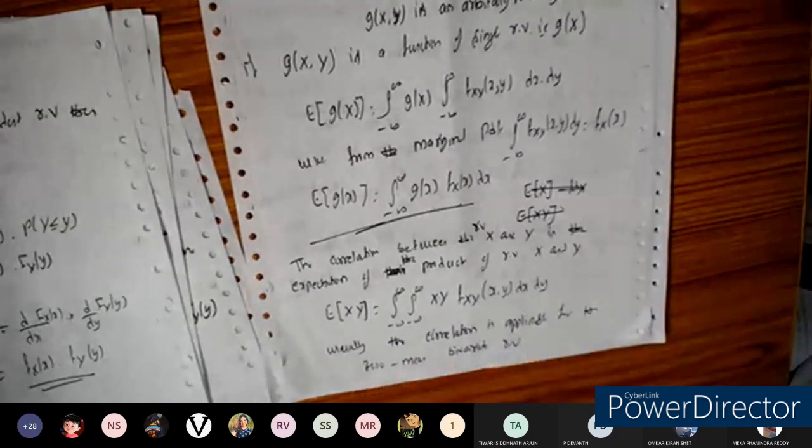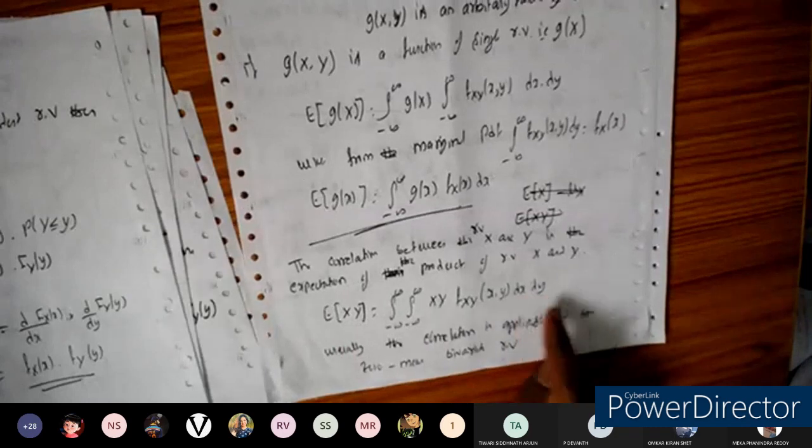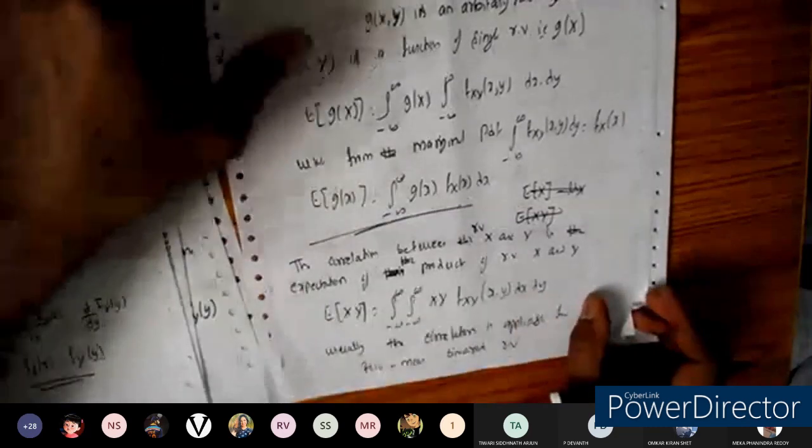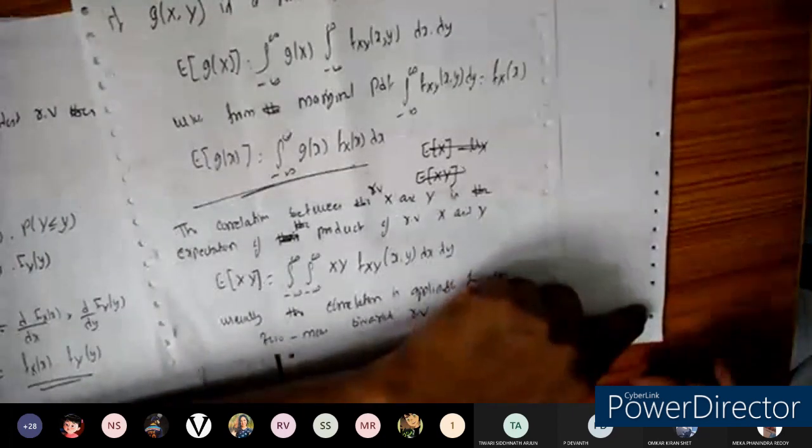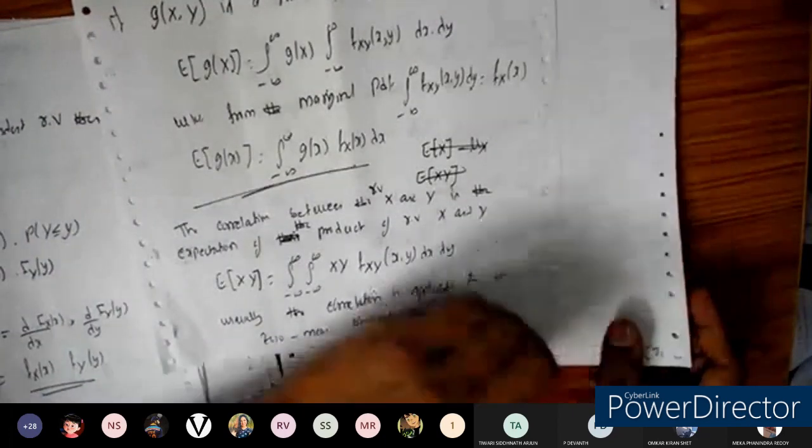This is for the continuous bivariate random variable. Similarly, we can apply it to the discrete case, where we take it as the average.